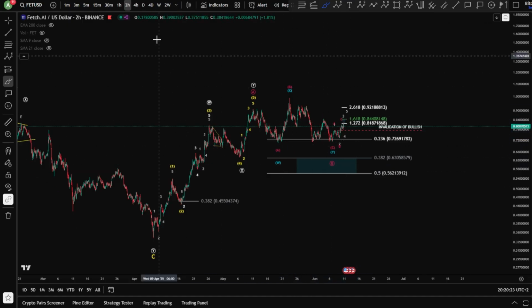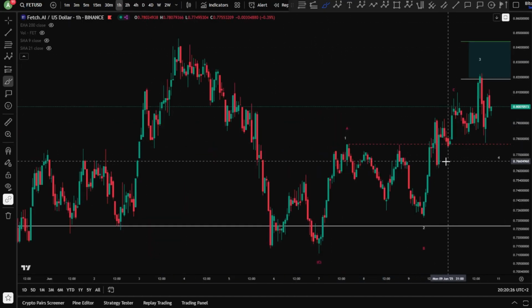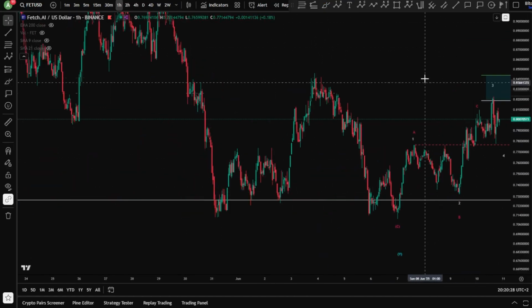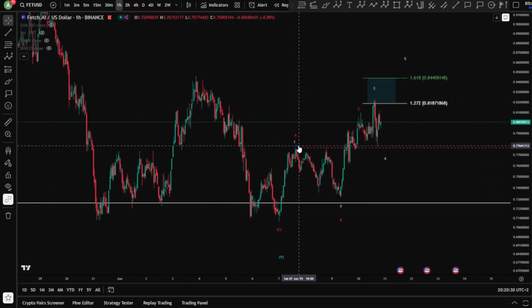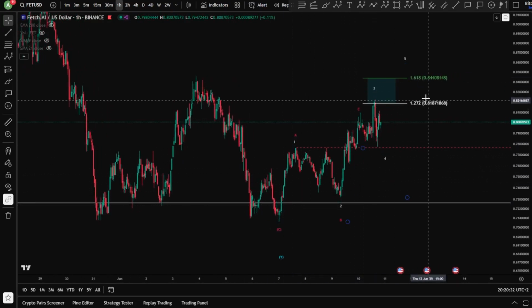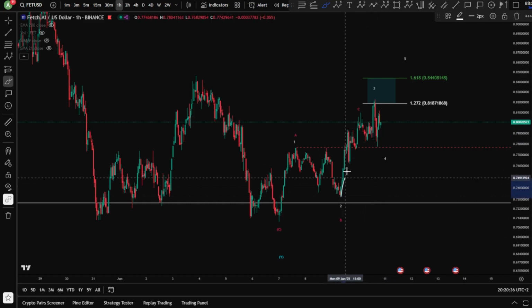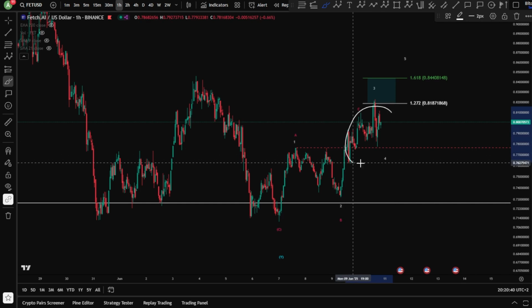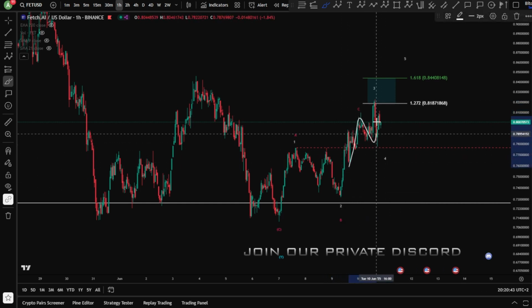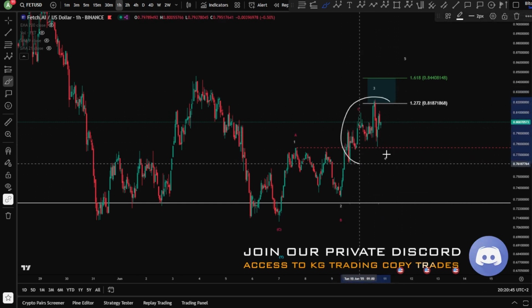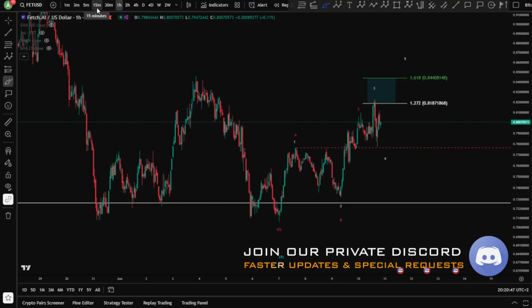If we get a much clearer answer on the lower time frame on the 1-hour chart here, you might be looking at a wave 1, 2 and then wave 3 already took the 1.27 so far. So if this is a wave 3 here, it can be potentially, but what is going on here is a little bit choppy, I would say, and not clear, very confusing.